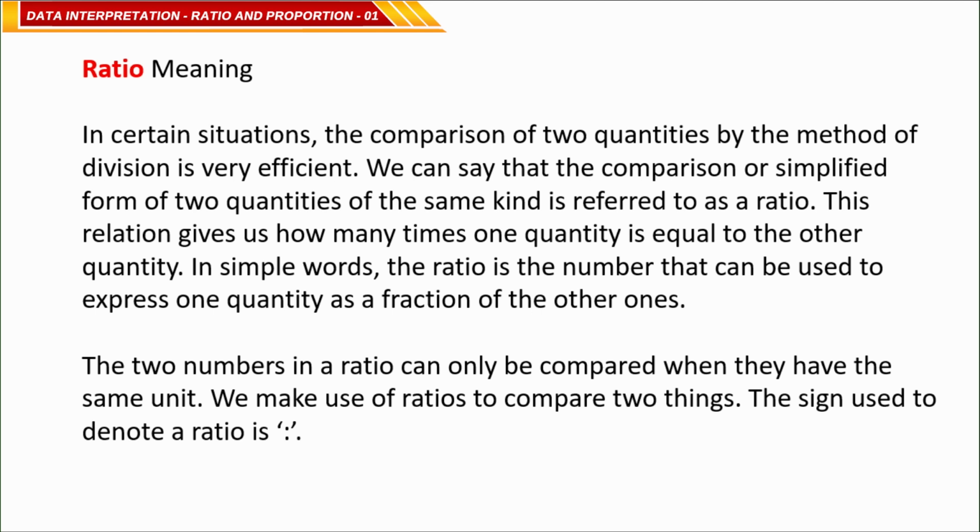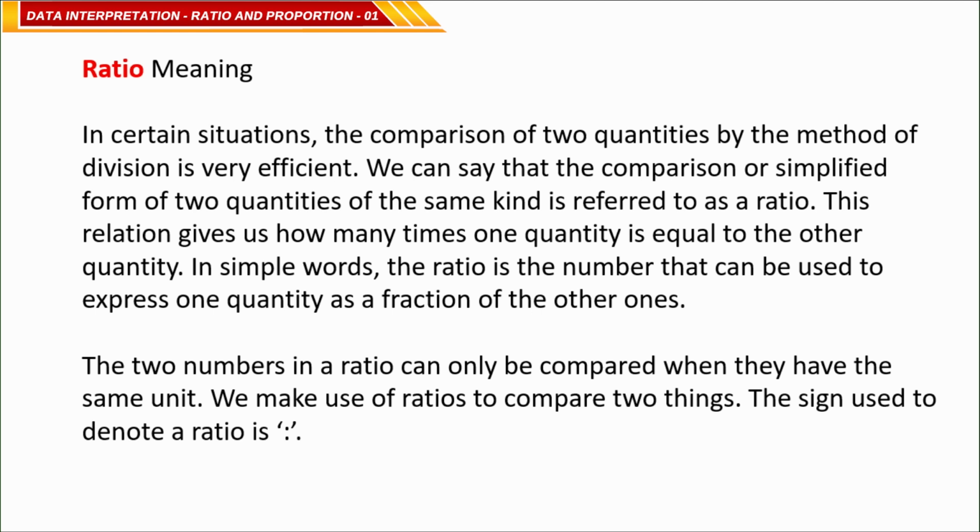We can say that the comparison or simplified form of 2 quantities of the same kind is referred to as a ratio. For example, 20 rupees and 100 rupees. When you compare 20 rupees with 100 rupees, 20 is 1/5 of 100 rupees. So the ratio is 1:5, correct.